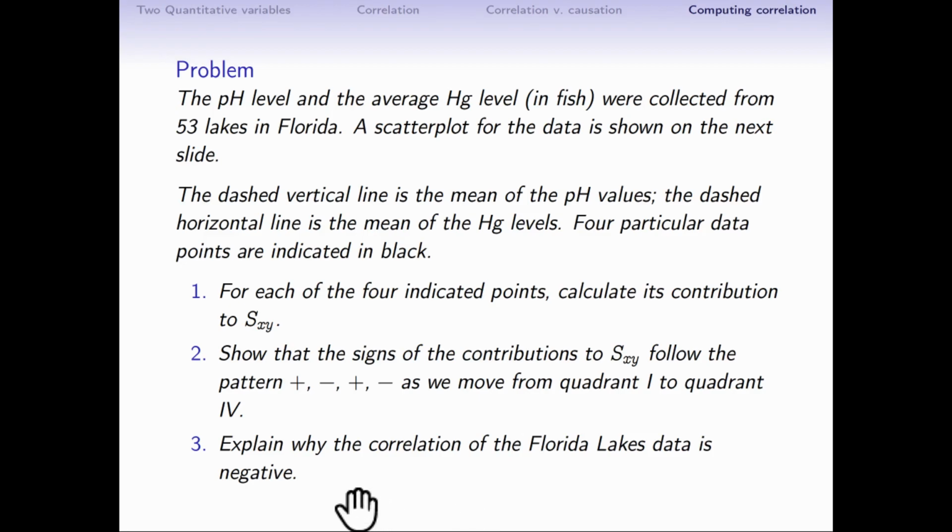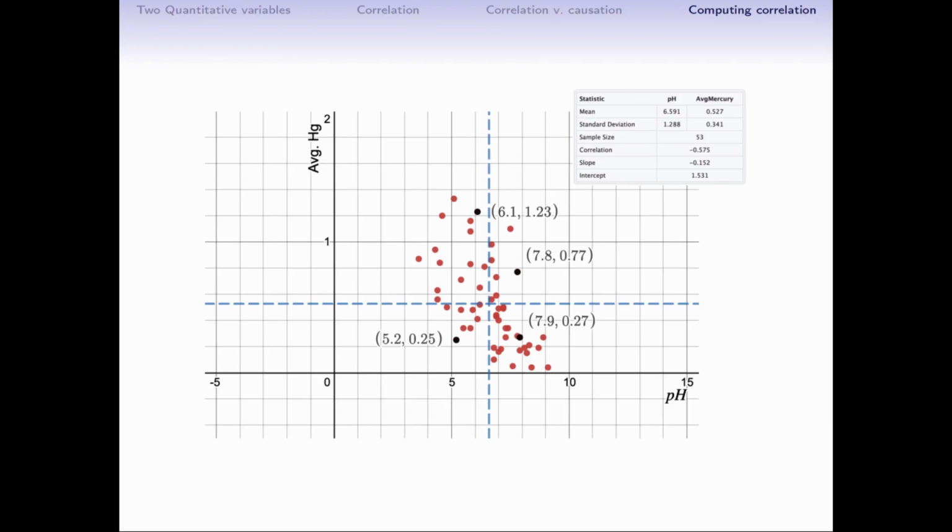And then we want to do one final thing. We want to explain why the correlation of the Florida Lakes data is negative. So in the process of doing this calculation, can we see, based on how the data is distributed into these quadrants and how the data values are behaving in these quadrants, why the correlation is negative in this case?